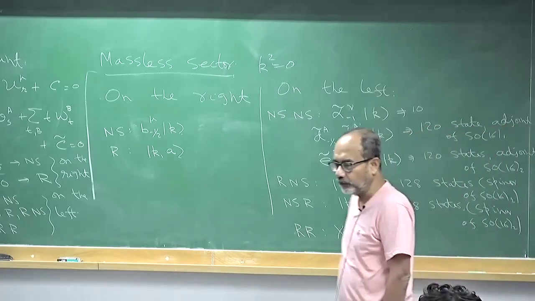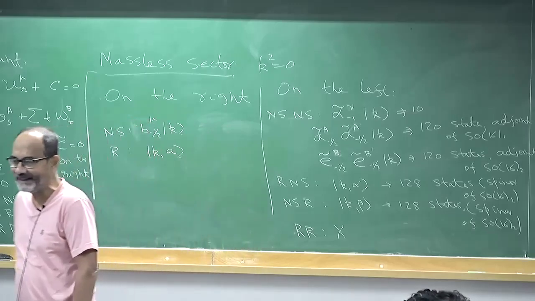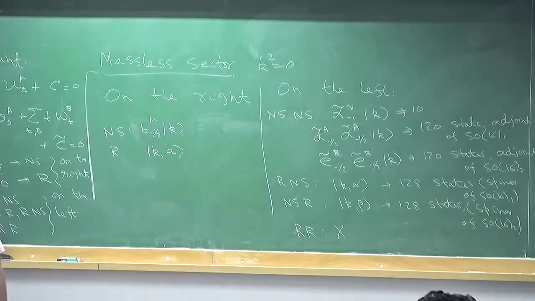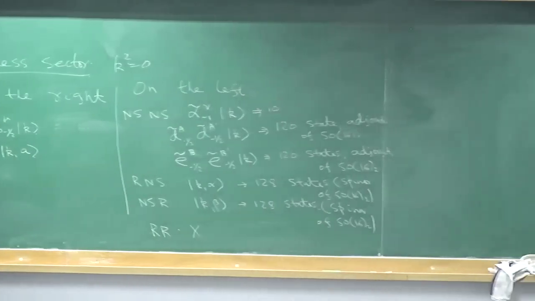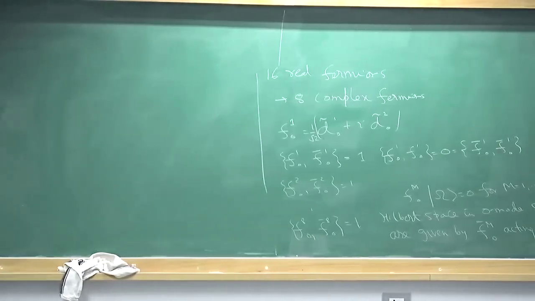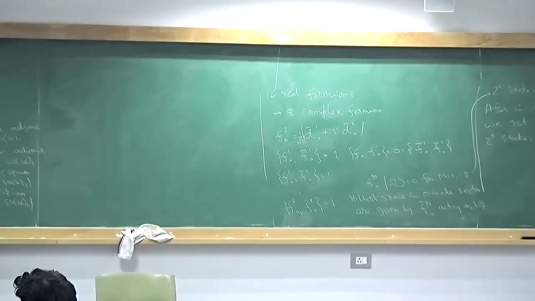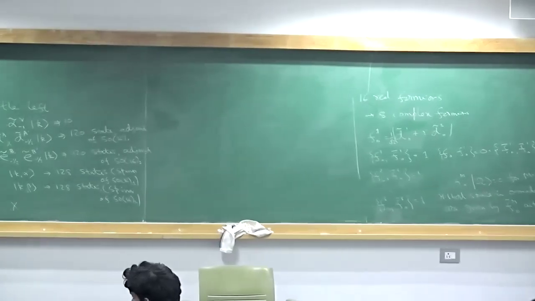No, there are many other groups. SO16 times U1 to the 128, right? That has 248 generators. Those generators will all be singlets under SO16. So the point is that you are looking for a group such that its adjoint splits into 120 plus 128 as far as SO16 is concerned, when you embed SO16 in that group.